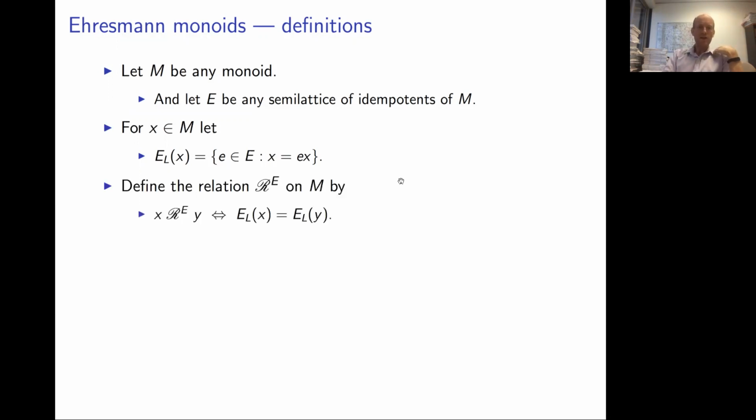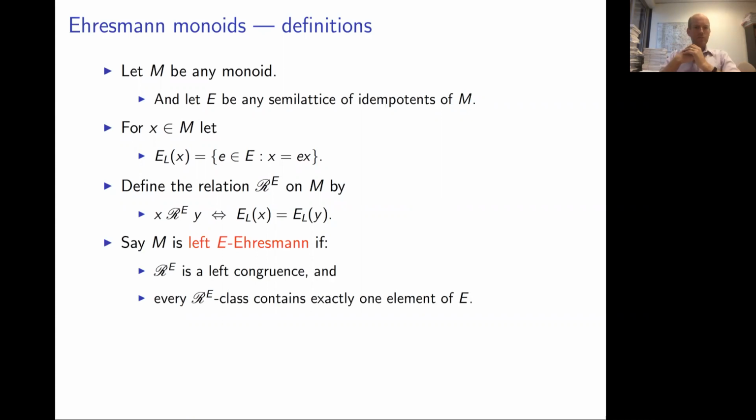And we define a relation R_E by this rule here. This was just the R relation if M was an inverse monoid, but we can still define this in terms of an arbitrary fixed semilattice of idempotents.